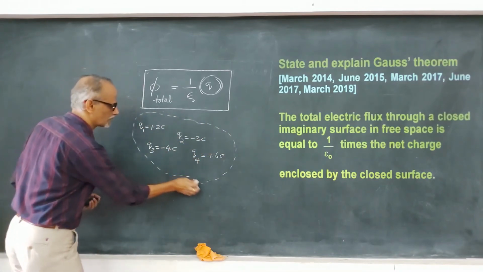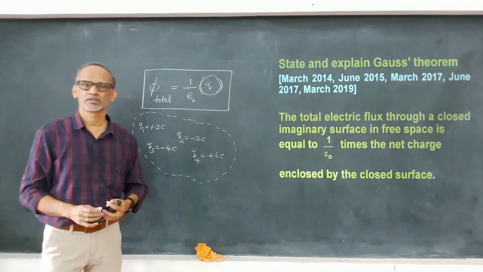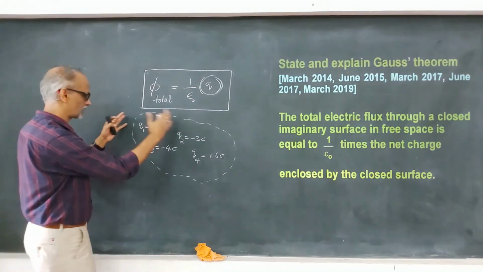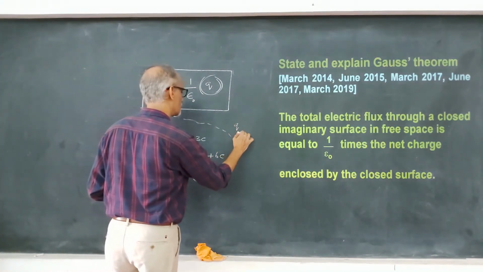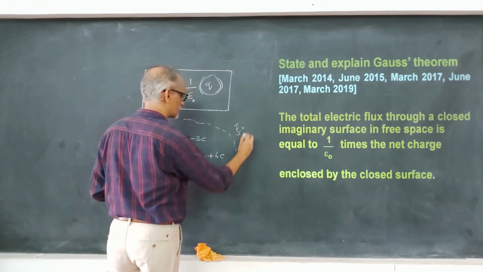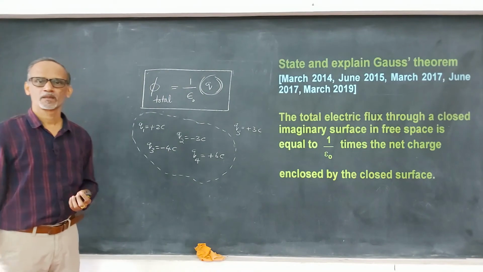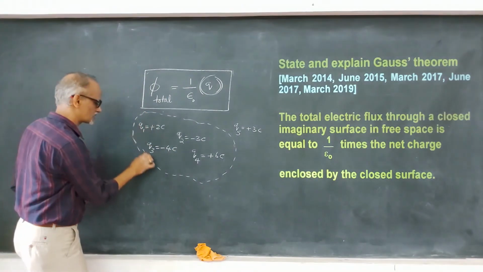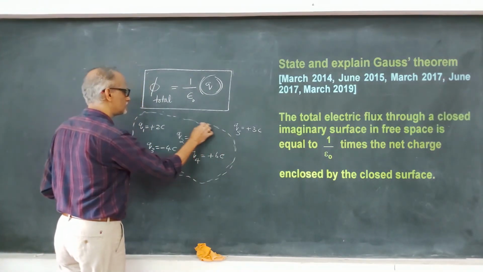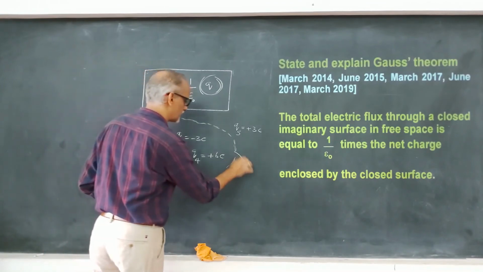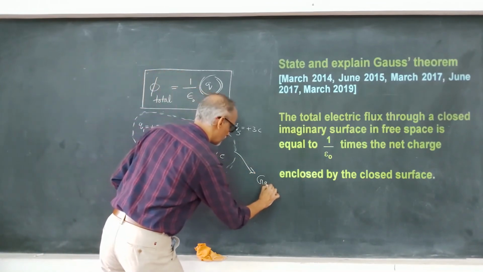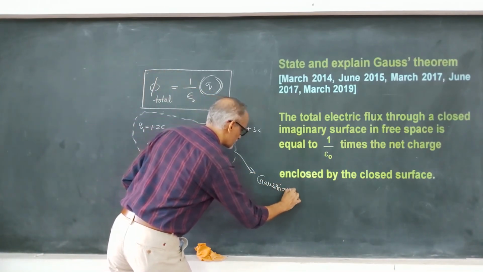See, this is a closed imaginary surface, closed so that the charges are enclosed. I am going to consider Q5 also, which I am going to consider outside the surface, which is plus 3 coulomb. So this is the closed imaginary surface, and this imaginary surface is called a Gaussian surface.